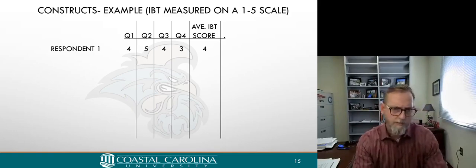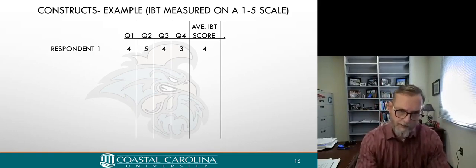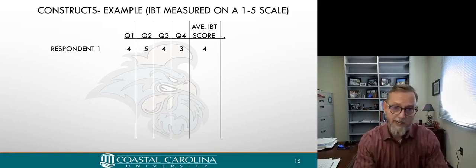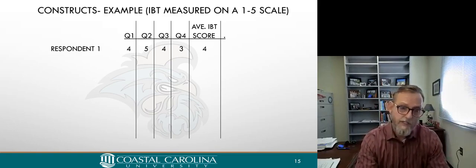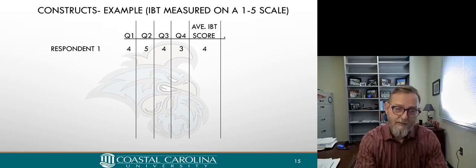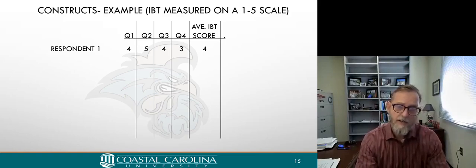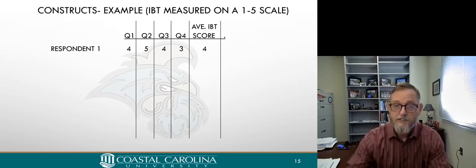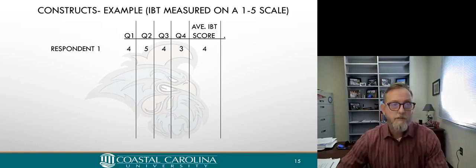Respondent 1 averages 4 across these questions, so the composite score for respondent 1 is a 4. On a 5-point scale, that means this respondent is pretty close to being impulsive. Impulsive buying tendency would be high for this individual.